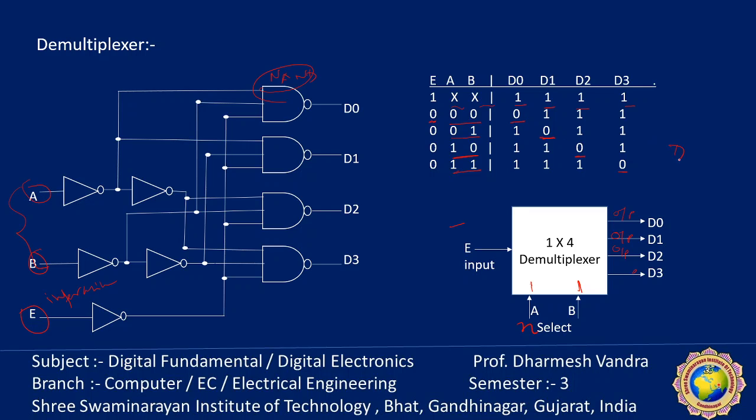So Dn equals E if the AB binary value selects n. The decoder and demultiplexer circuit can be merged into a larger circuit. Only the enable can be disabled or enabled depending on the logical circuit.